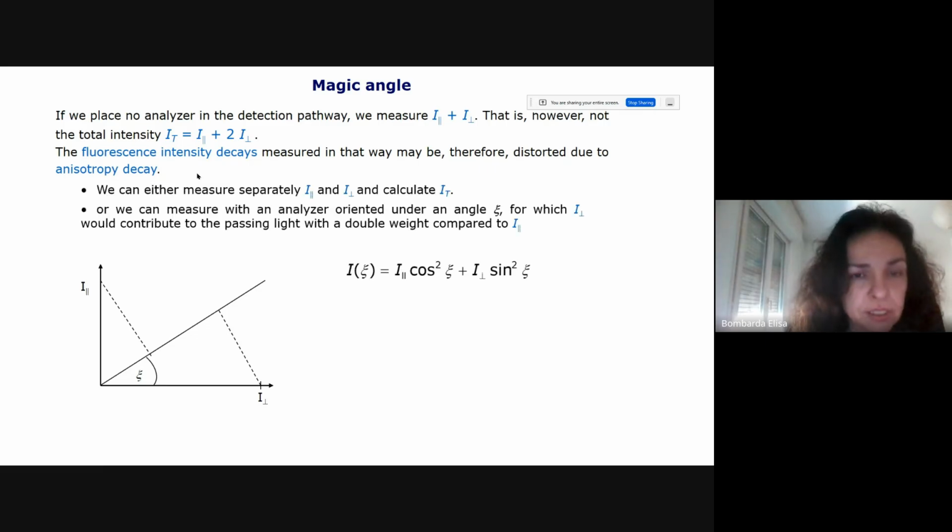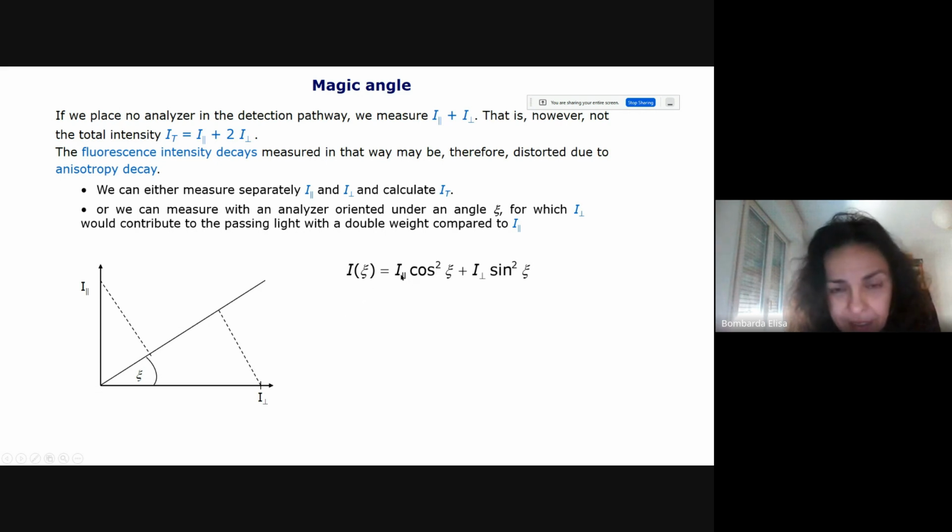We can measure separately the parallel and the perpendicular, and then calculate the total intensity, or we can measure the emission with an analyzer which is oriented under an angle xi, for which E perpendicular would contribute to the passing light with a double weight compared to the E parallel.